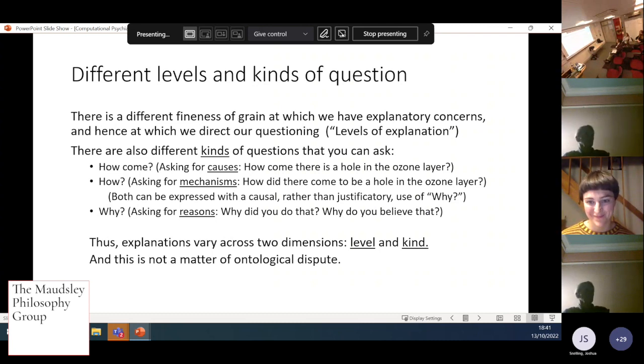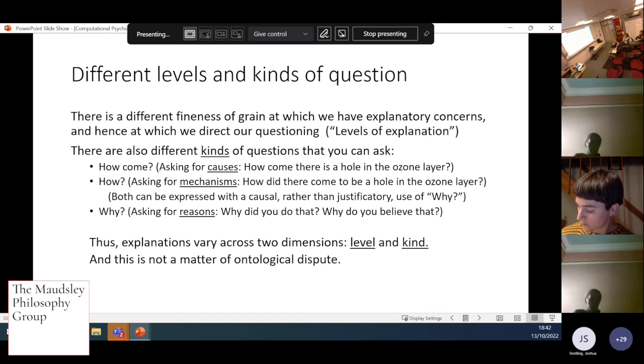But you've also got different kinds of questions that you can ask that are all explanation demanding. So how come? Asking for causes. How come there's a hole in the ozone layer? How? Asking for mechanism. How did there come to be a hole in the ozone layer? Unfortunately, both can be expressed with a causal use of why. And then why, which is asking for reasons. Why did you do that? Why do you believe that?